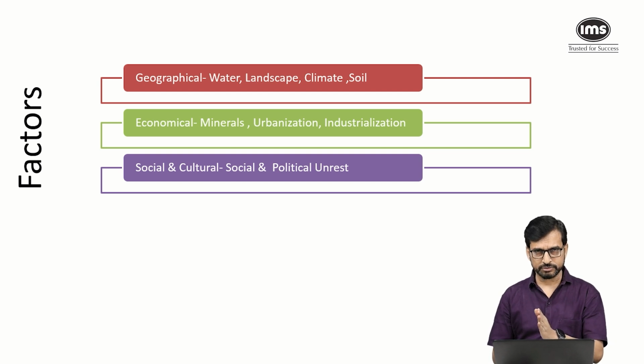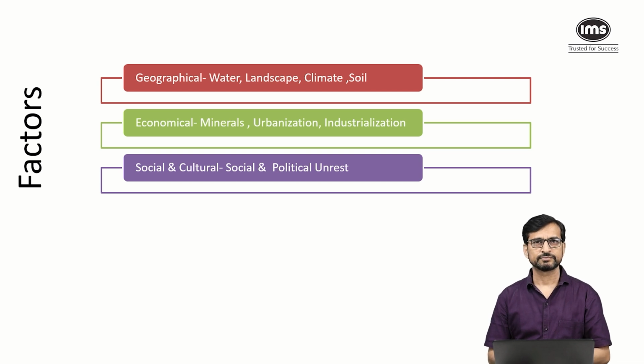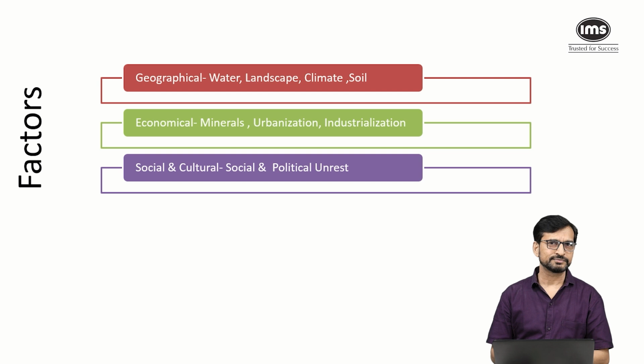Let's think of what the geographical factors are. Water. Who among us will prefer a place where water availability is less? Of course, no. Who among us will prefer a place where landscapes like deserts and mountains are largely allocated by nature itself?